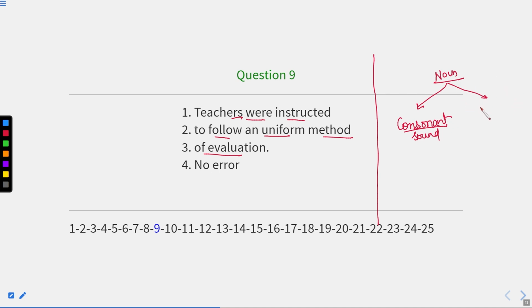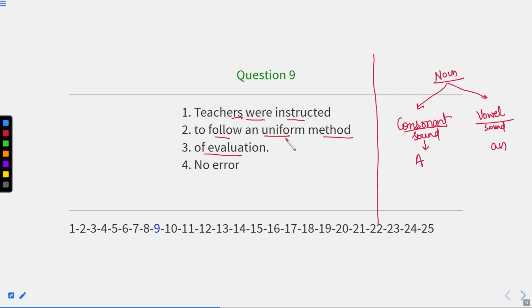And if it begins with a vowel sound, the swar sound in the Hindi Varnamala, that means the pronunciation of that word, when we pronounce it, starts from a consonant sound or a vowel sound. So in case of a consonant sound we use "a" before it, and with a vowel sound we use "an" before it.